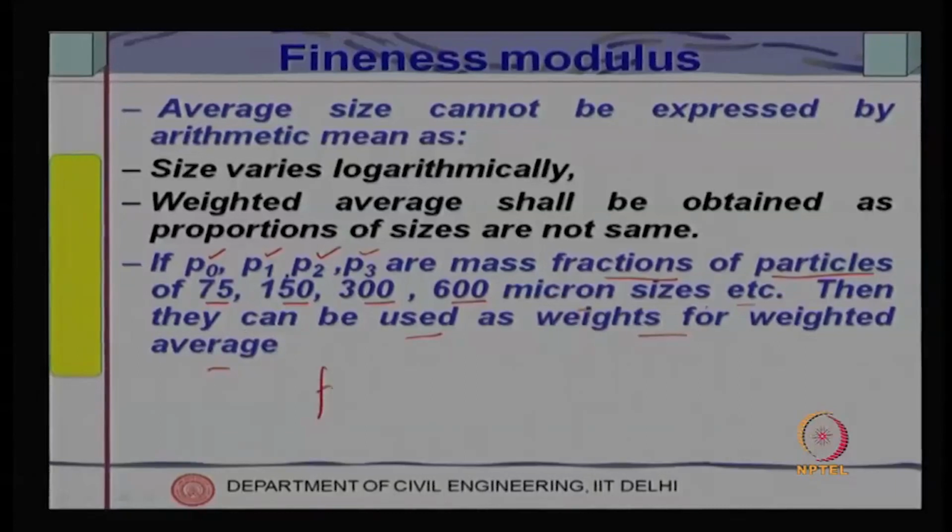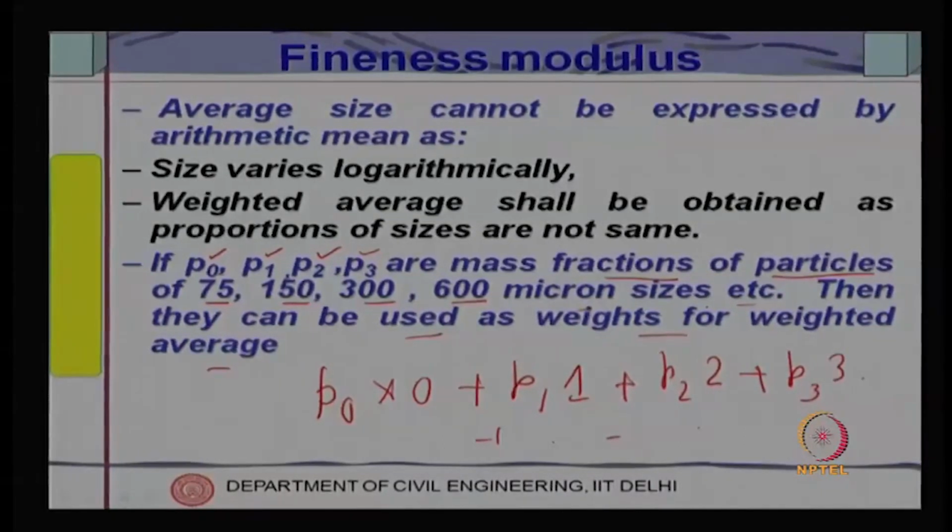So, P 0 into 0 plus P 1 into 1 plus P 2 into 2 plus P 3 into 3 and so on. I can sum this up, and this sum is nothing but the weighted average, because each P is the fraction of the mass corresponding to the 0 size, the first size, the second size.